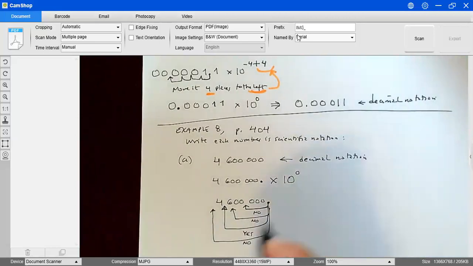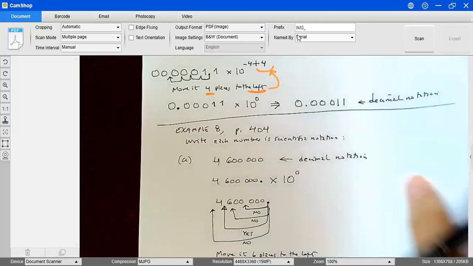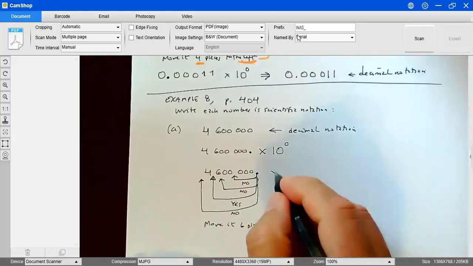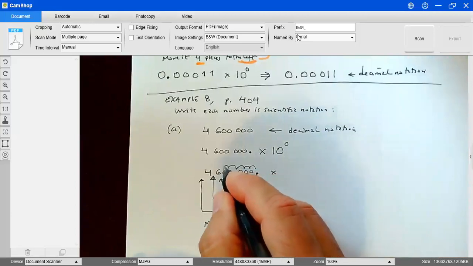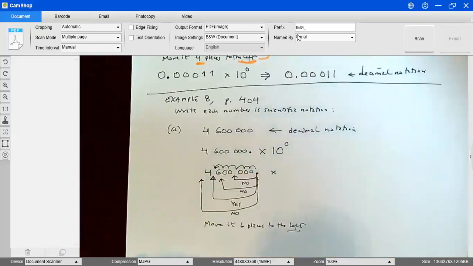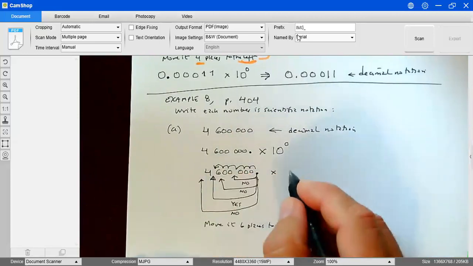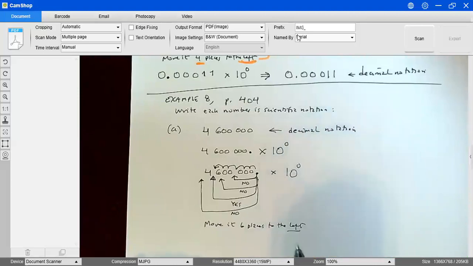So in this case, I need to move the decimal point 1, 2, 3, 4, 5, 6 places to the left. 6 places to the left. So I'm going to need to adjust. I have 0 here. I'm moving 6 places to the left.